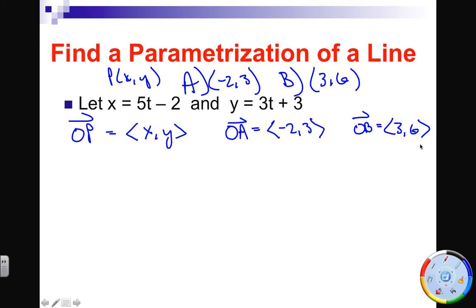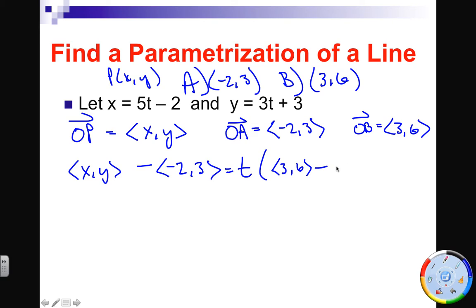All right, so here's what we have to do. We want OP minus OA. So vector x, y minus vector negative 2, 3 is equal to t times the vector OB, 3, 6, minus the vector OA, negative 2, 3.